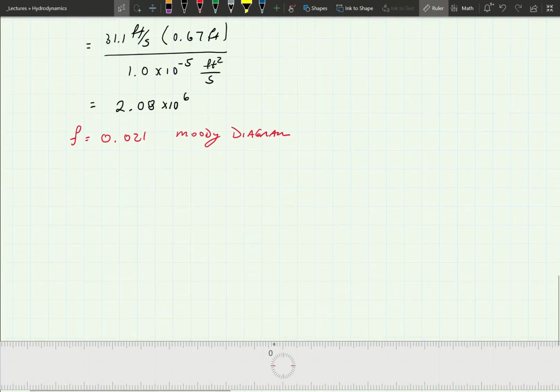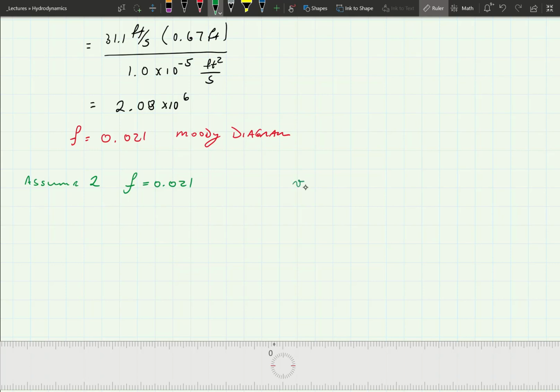Okay? I'm going to do this one in green this time. So assumption 2, with f as 0.021, that means our velocity changes this time.